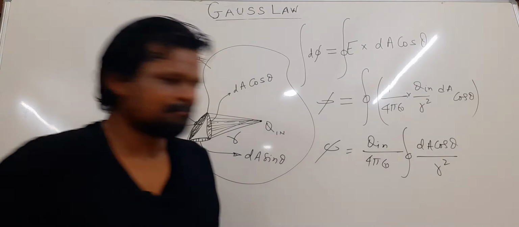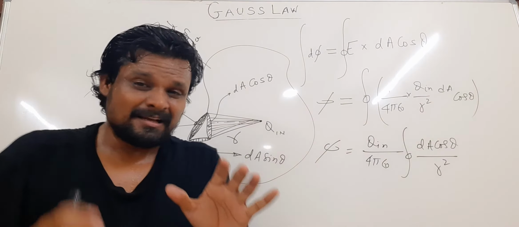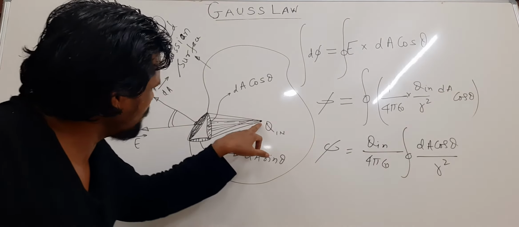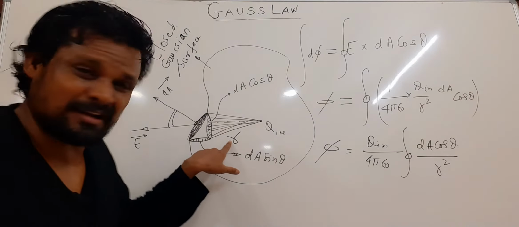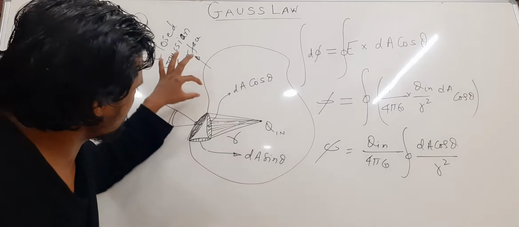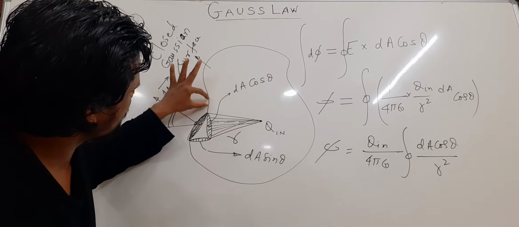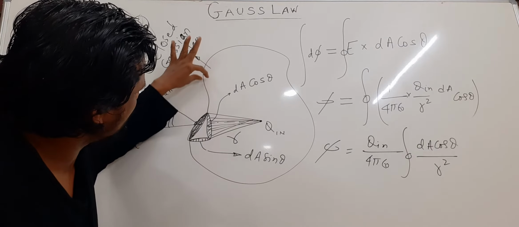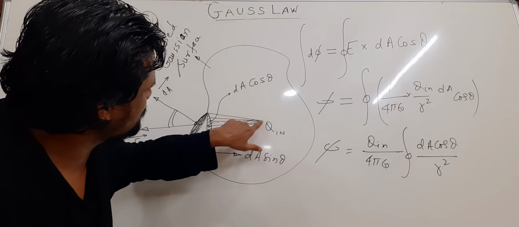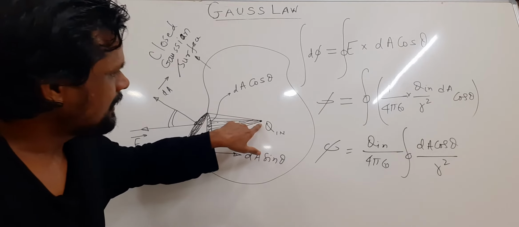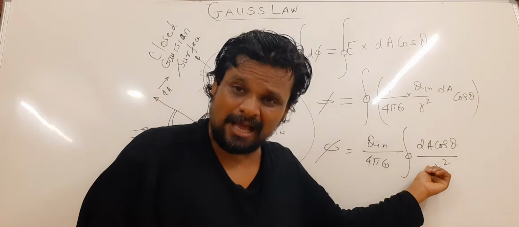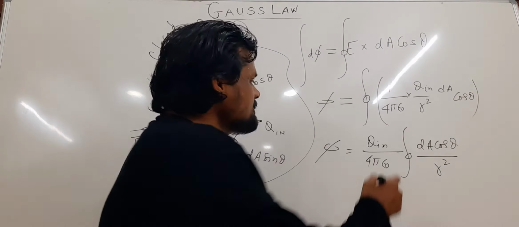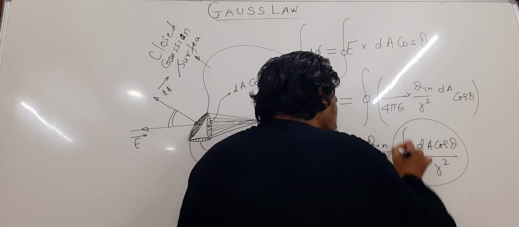Now please see, with respect to this point, dA cos theta is perpendicular to the radius. If you take a small area, the projection of a small area perpendicular to the radius, then you will get the ratio of area divided by r square. This is very conceptual.